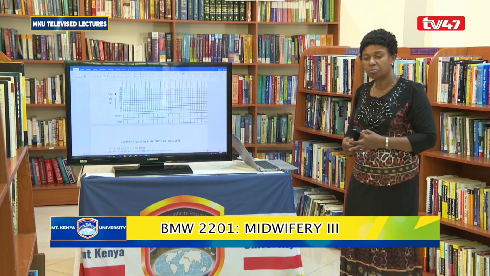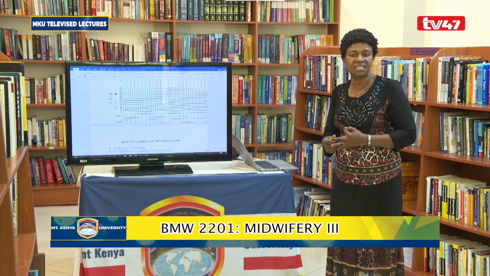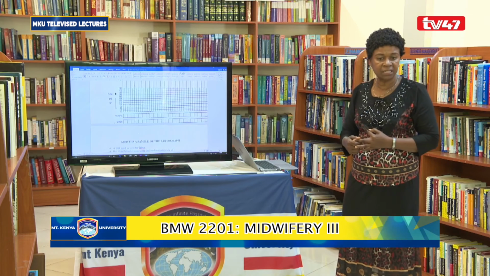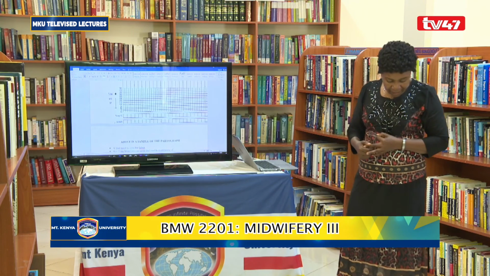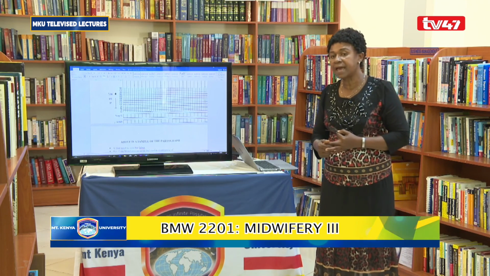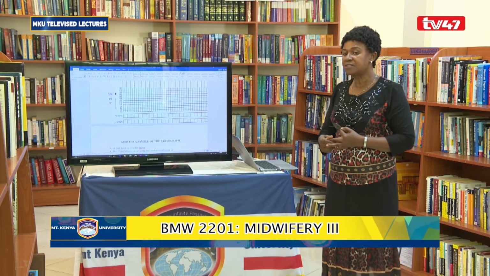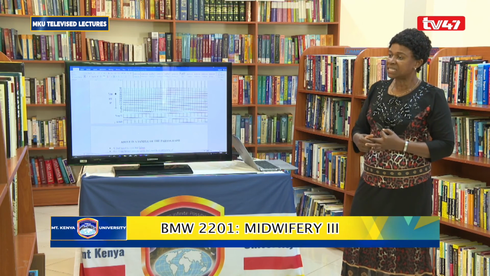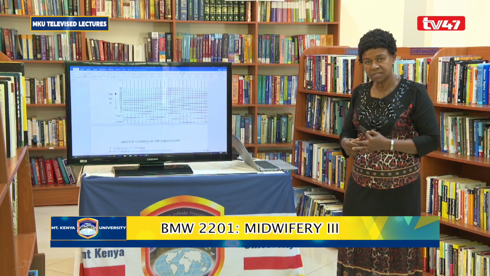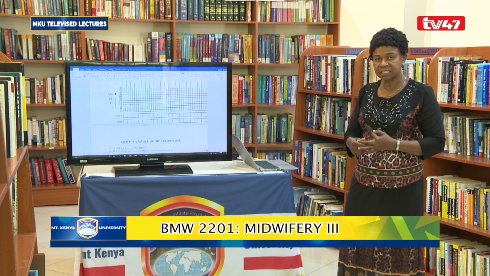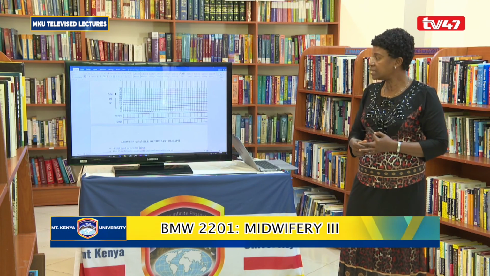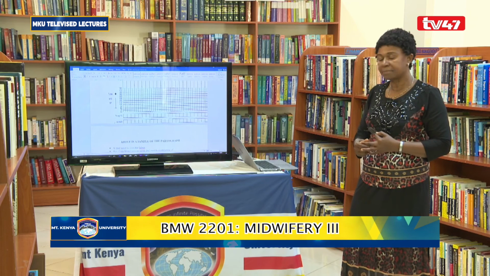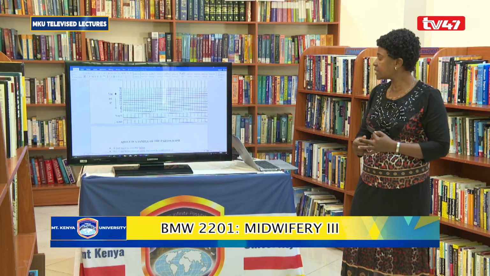Then the last component is the total blood loss once the mother has delivered. What is our total blood loss in a normal delivery? It is 500 mLs. 500 mLs is normal blood loss, but in case it is less than 500 milliliters and it affects the mother, then it is still considered abnormal blood loss if the mother is affected.